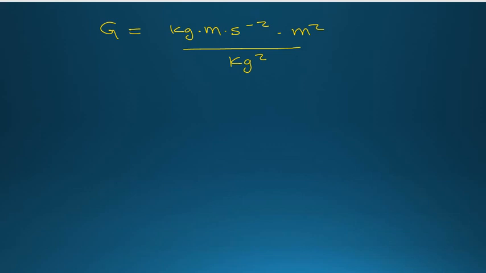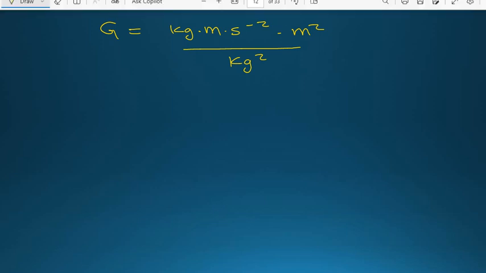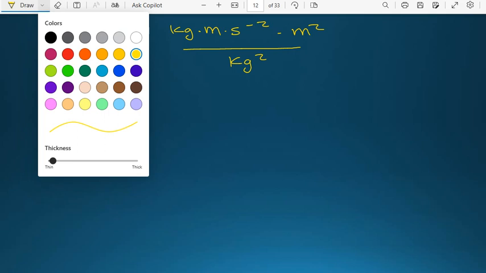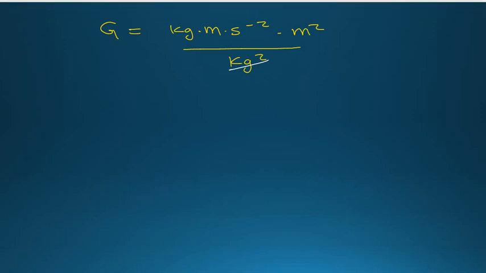So what are we going to do next, guys? Let me change the color. We have kg there and kg, so I'm going to remain with 1 kg here. What about m times m there?